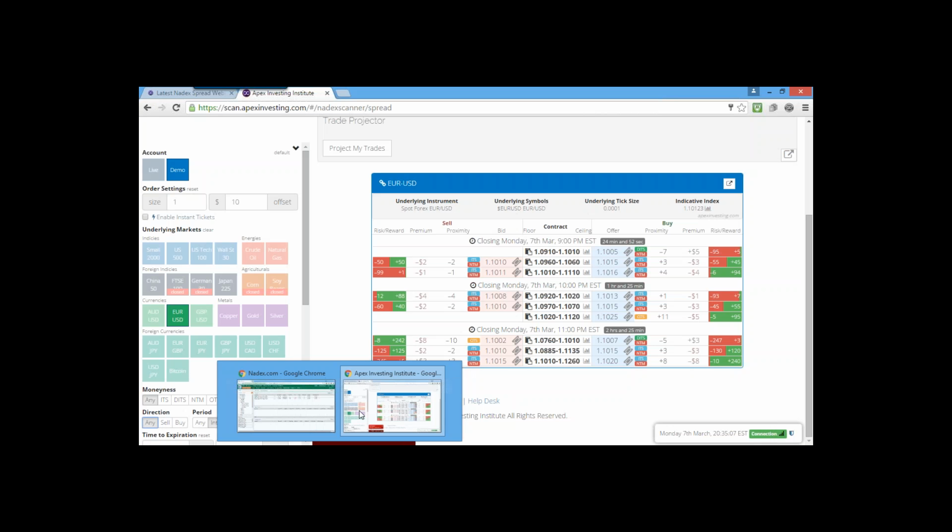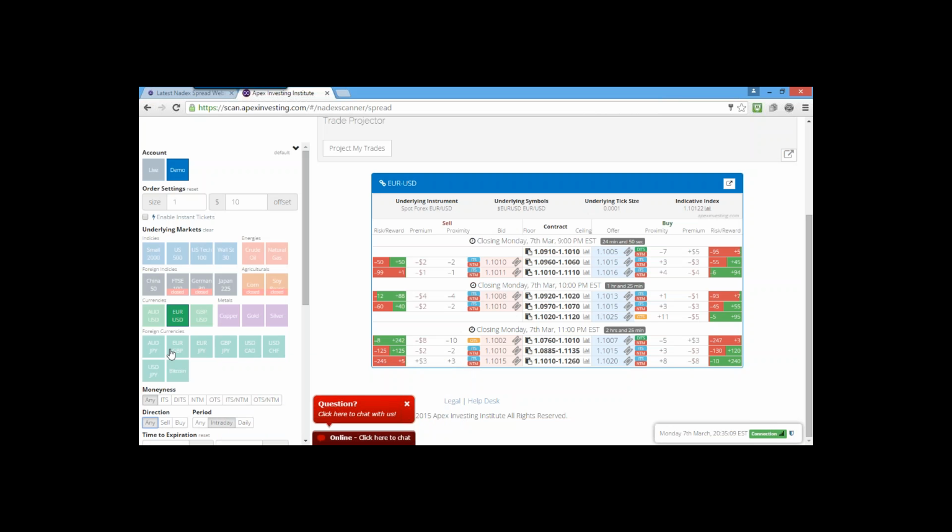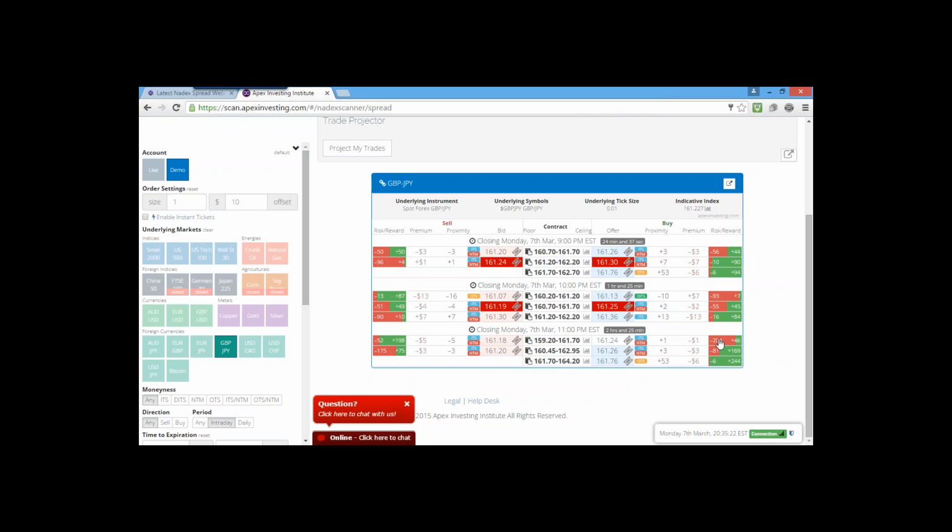All right, well, I've got the scanner here, and I'm clicking pound yen, and okay, there's all my options for pound yen. Which spread do I want to use? Well, I don't want to use these spreads that tie up 200 bucks, maybe $50 a spread. I can do that. I've got X amount in my account. I can handle doing 3 or 4 spreads. I can handle that. Let me get that spread. Go. It's all right there in front of you.